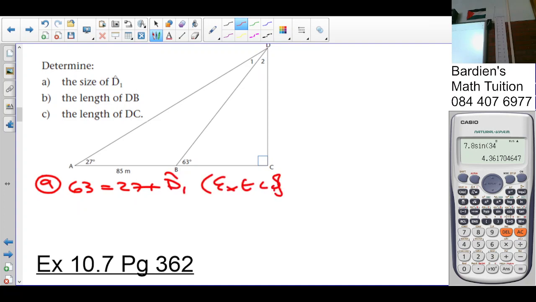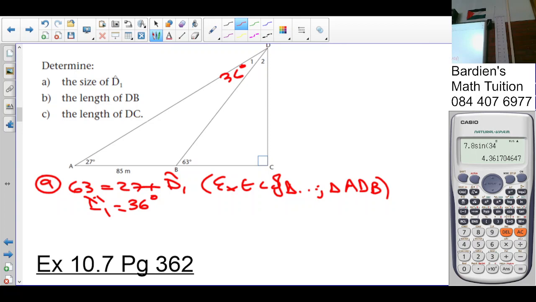Exterior angle of triangle DAB. Do you have to give a reason? No. Okay, D1 is equal to 63 minus 27, that is 36 degrees. You all agree with that?